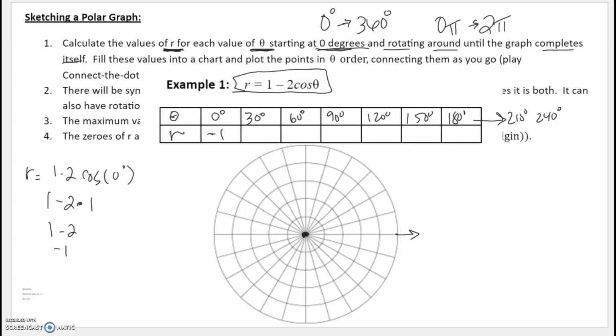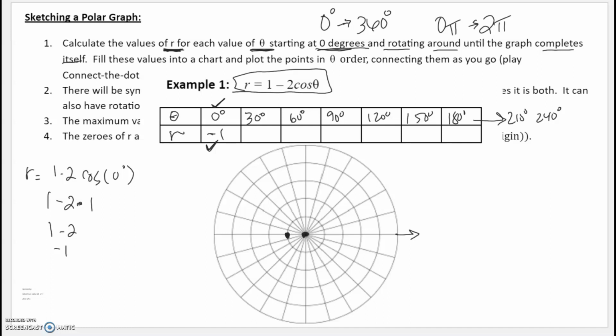Because it's a negative, I have to go backwards. So this is the location of 0 degrees at negative 1 radius. We learned how to plot points on Monday. Hopefully that's making sense to you. You face 0 degrees and you step backwards 1.